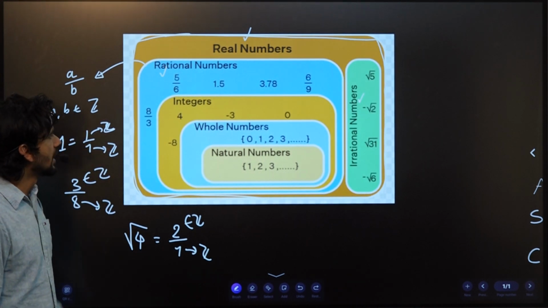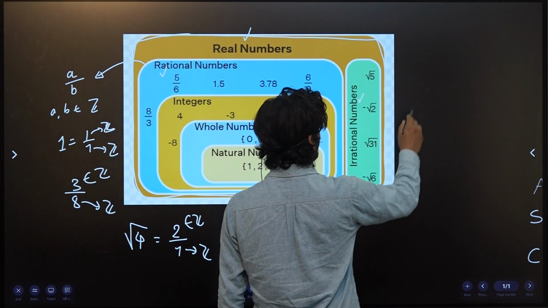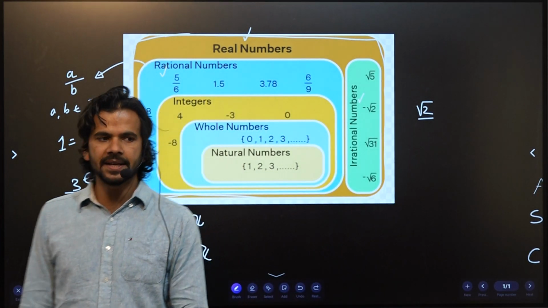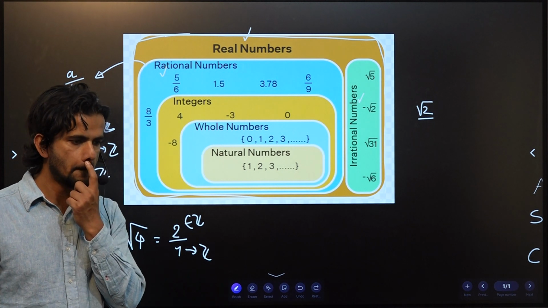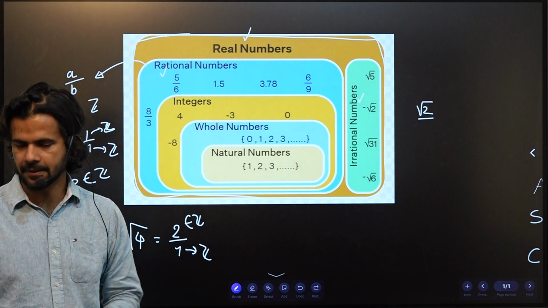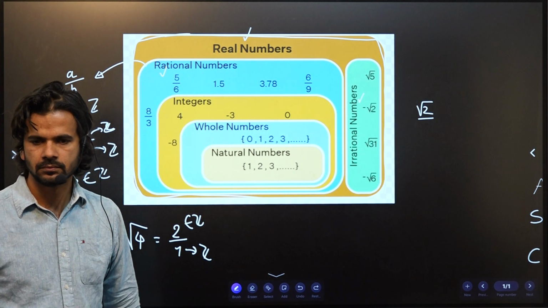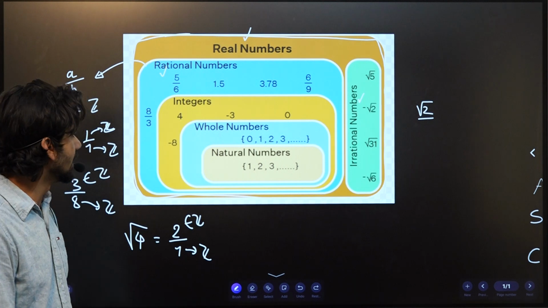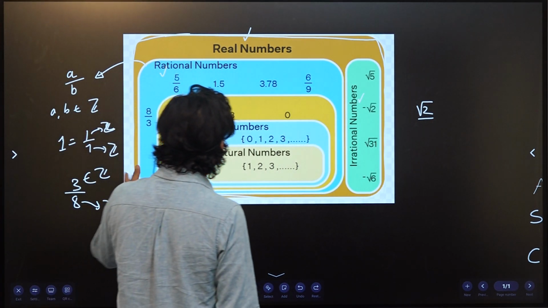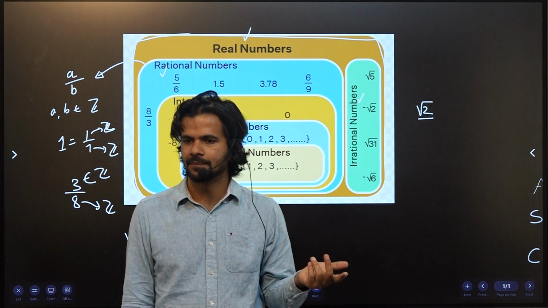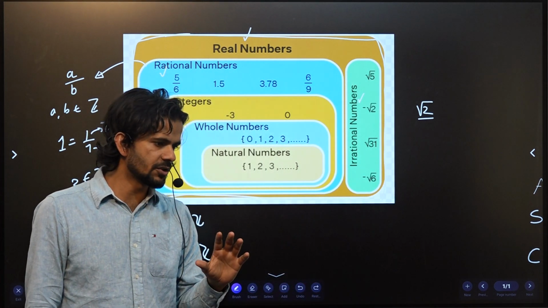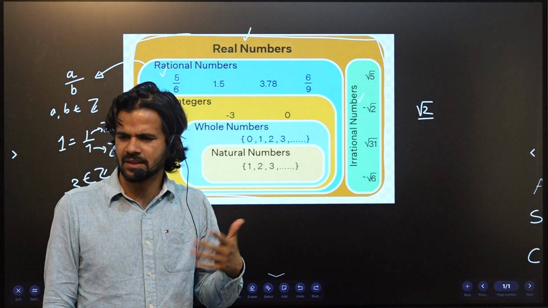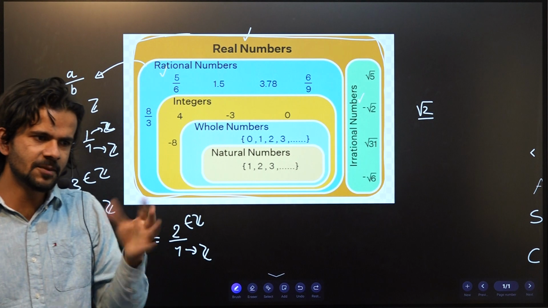So those are rational numbers. What about irrational numbers? For example, root under 2 is irrational. You cannot express root under 2 in the form of p upon q or a upon b. Impossible. So a number can be rational or irrational. Irrational means something that can't be explained easily.